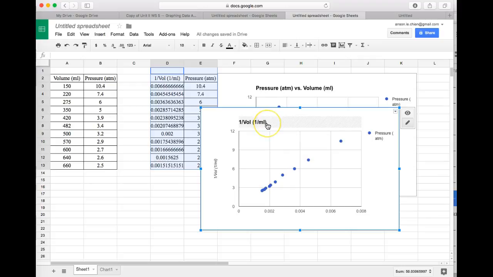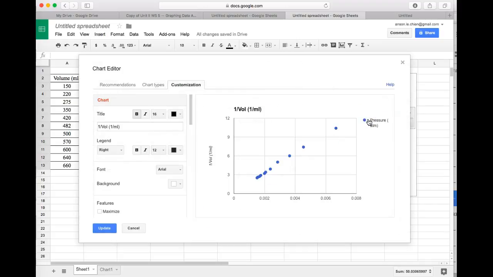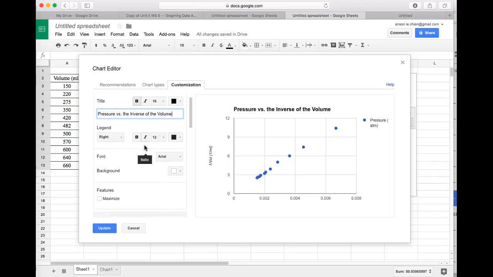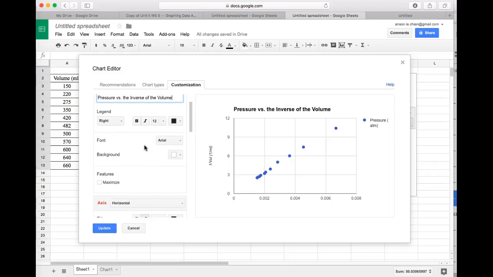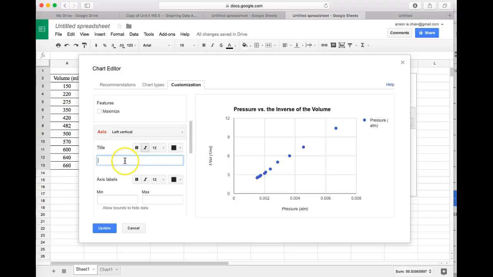It seems to have messed up the title of the graph and the axes labels, but we could go fix that. So we go to the editor, Advanced Edit, and let's give it a proper title. And now we're going to label our axes.